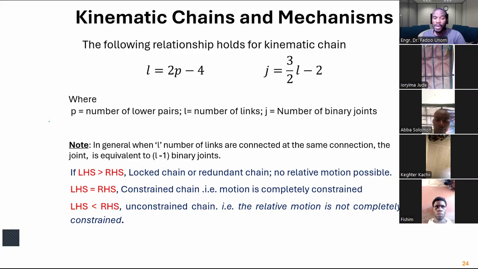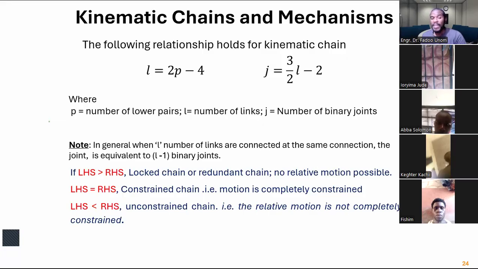If the left-hand side, the number of links, for the first equation is bigger than the right-hand side, then what you have is a locked chain or a redundant chain. What that means is that those links, as you've arranged them, cannot move relative to each other. They are locked. They are almost as though they were a structure.